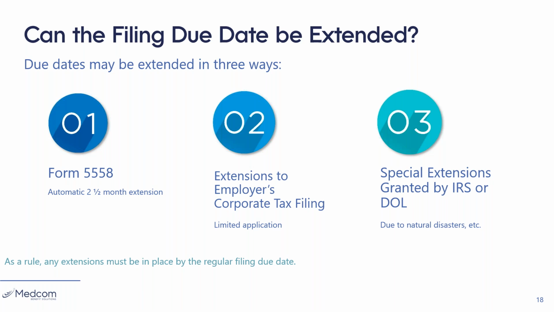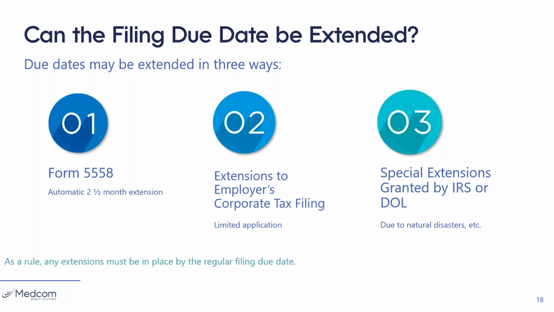Now there are two other ways in which an extension could occur. Perhaps there's been an extension to the corporate tax filing. And then there are also special extensions granted by the IRS or the DOL. This could be a natural disaster. Certainly such extensions are done in press releases from the IRS.